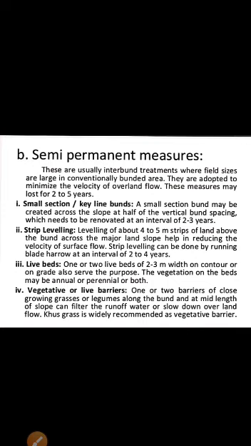One or two barriers of close growing grasses or legumes across the bund and at mid length of slope can filter the runoff water or slow down overland flow. Kush grass is widely recommended as a vegetative barrier. If you want to create a vegetative barrier, then kush grass is mainly used.